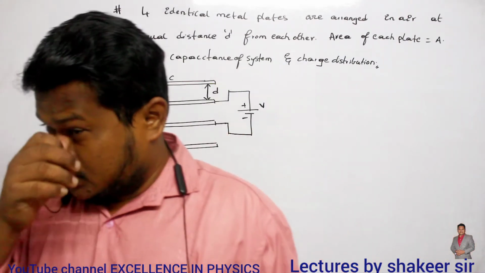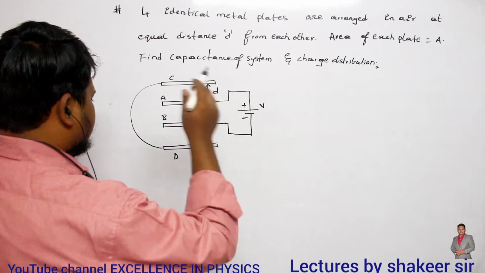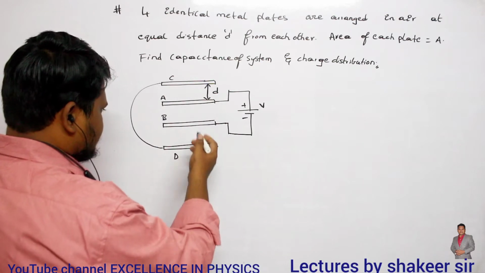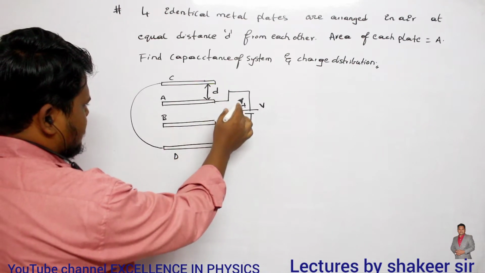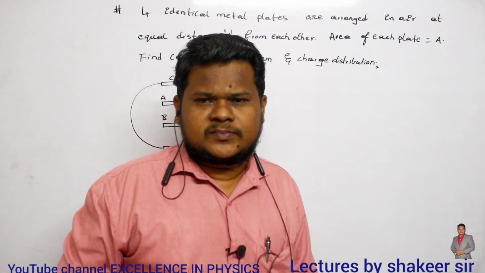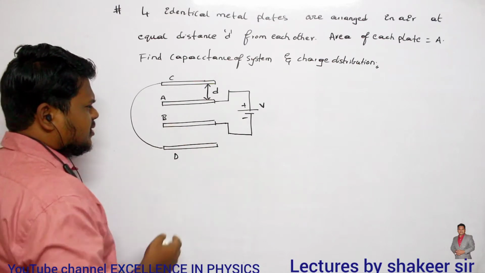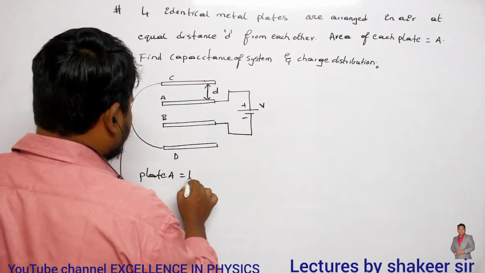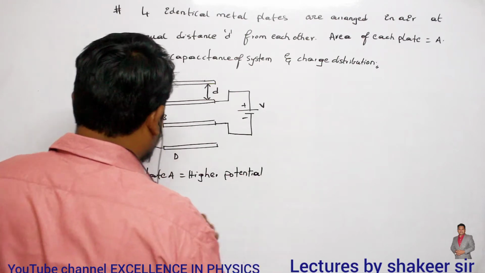Any idea how we can do this problem? See, here I have four plates. The area of the plates is equal, and the distance between two plates is also equal. Plate A is connected to the positive terminal of the battery, and plate B is connected to the negative terminal of the battery. So I can say plate A will be at a higher potential and plate B will be at a lower potential.